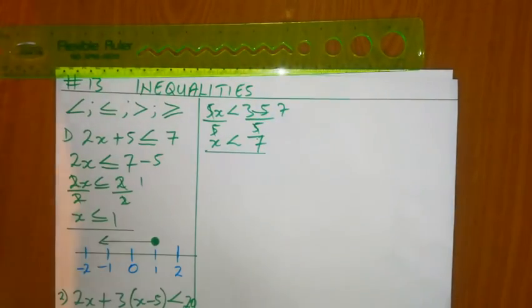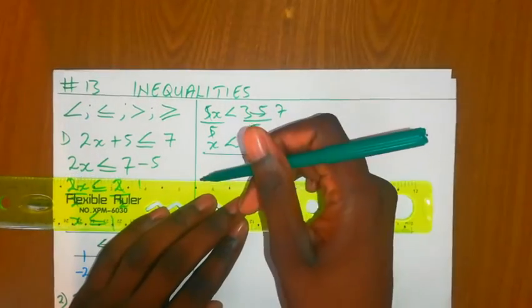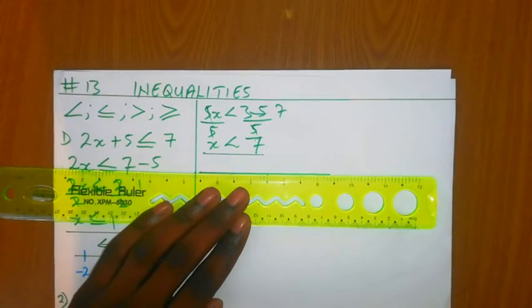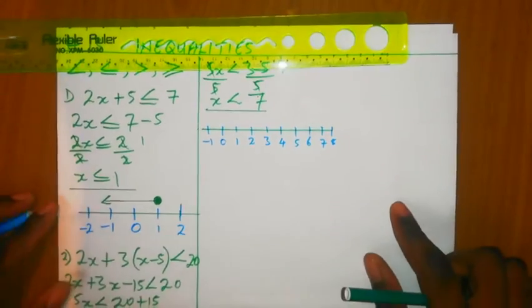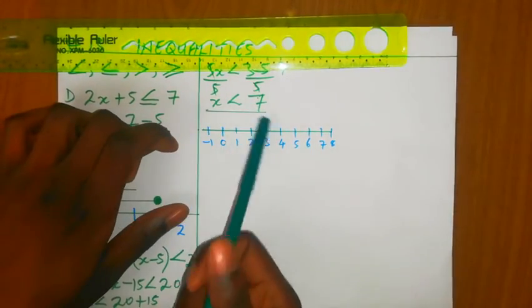If the question says illustrate your solution on a number line, what you are supposed to do is to draw your number line that ends up with 7 like that one. So let me draw this number line here. So there is the number line. The answer says x is less than 7.